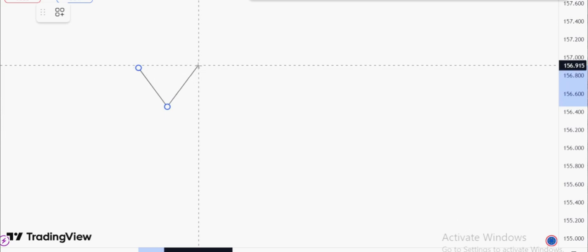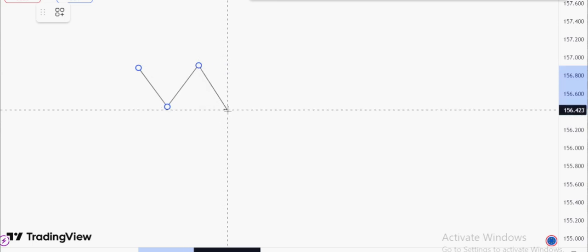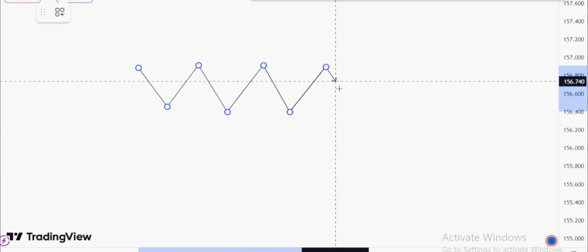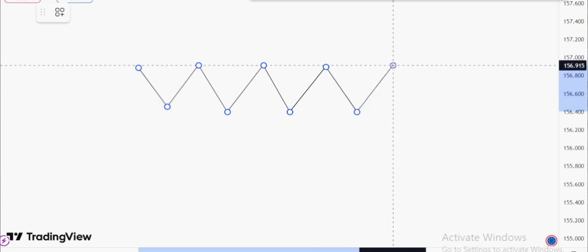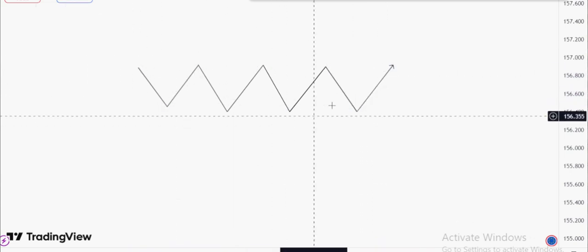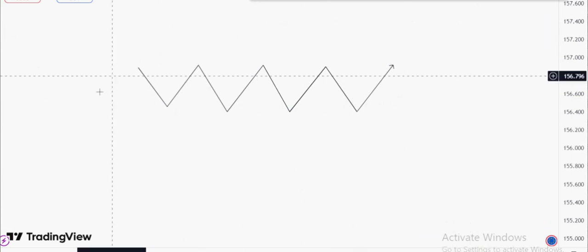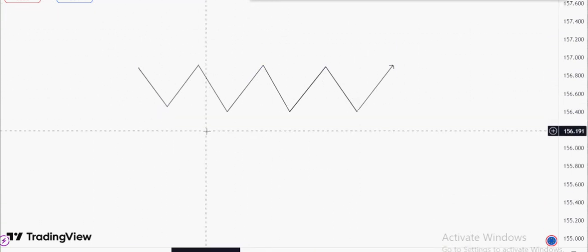Instead of creating lower highs or lower lows or higher highs and higher lows, market would be doing this. So what do you notice being different from our previous legs of structures? How is this different from the rest?